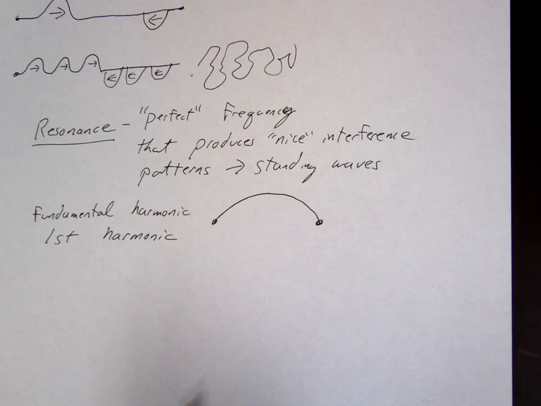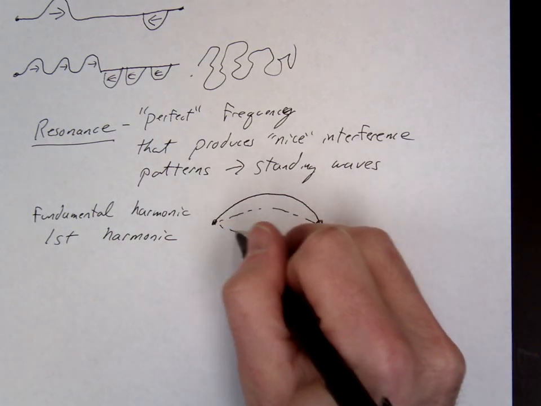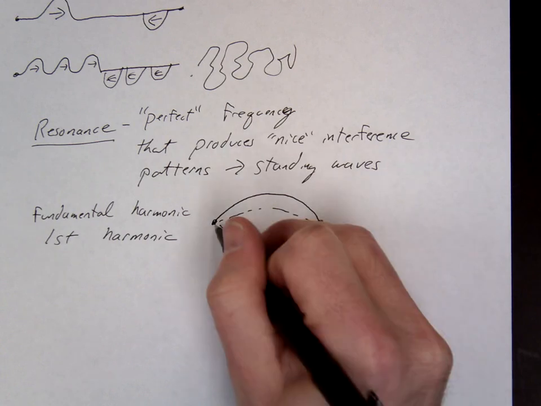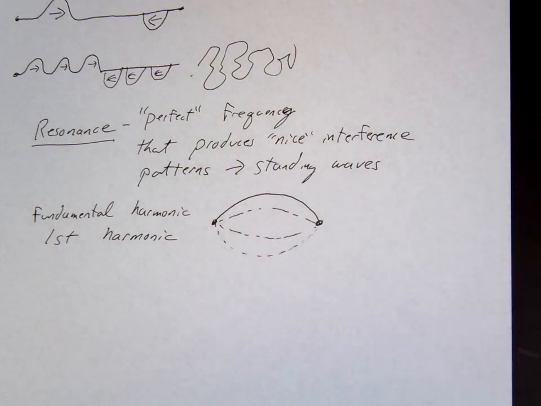If you were just to hit anything, not just strings, everything has these fundamental harmonics or states of resonance. If I just hit a tuning fork, for example, it would vibrate at its fundamental. So anyway, it looks like this. And I'm sure you've all, at one point at least, if you're not a musician, plucked a guitar string or a bass or a violin or something.